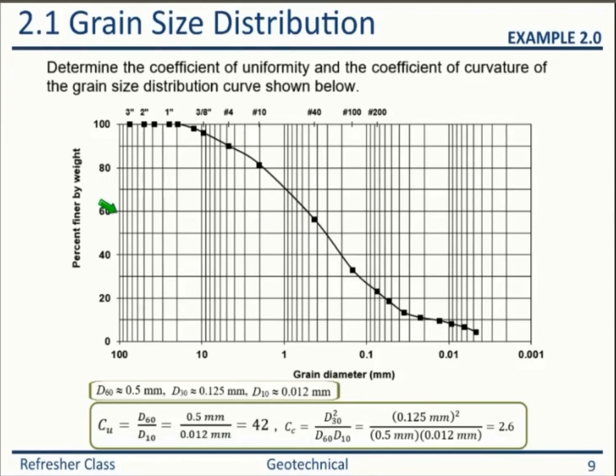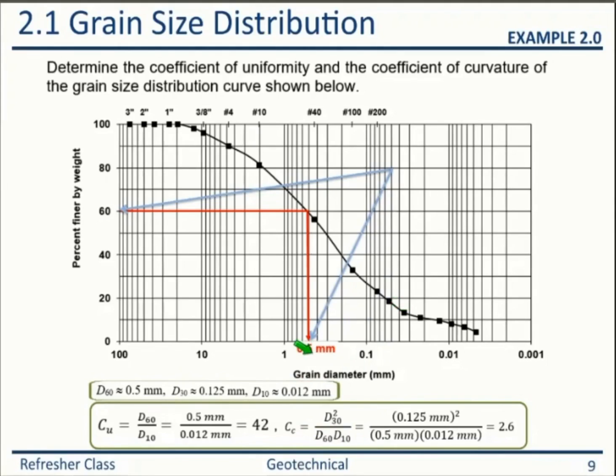D60 is this: from the 60% finer, draw a horizontal line to the given gradation curve. In this case, this is the curve, right? And read the corresponding particle size down here. D60 for this gradation curve is 0.5.